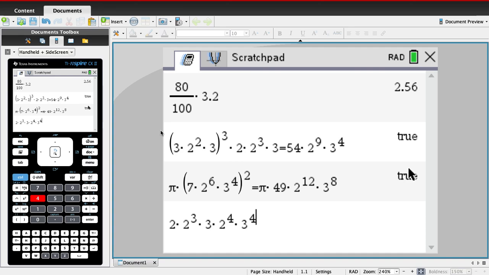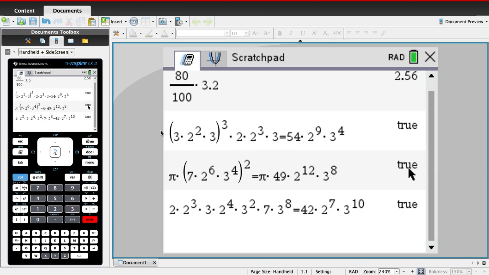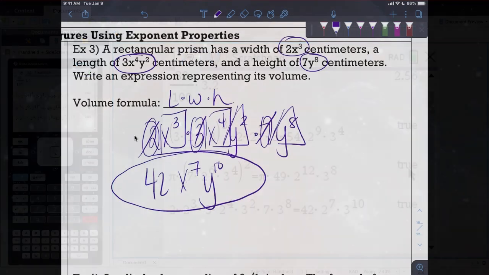Hold on, wait. 2 to the power of 4, 3 to the power of 2 times 7 times 3 to the power of 8. And I'm going to ask it, hey, is that the same thing as, and I'm going to type in my answer. And I got a true. So this is definitely the correct answer.